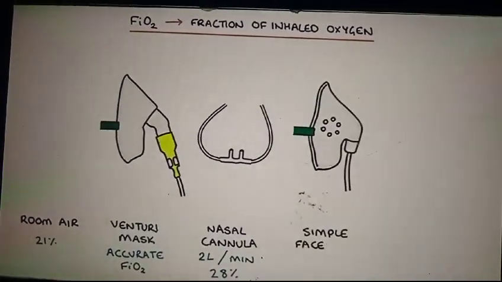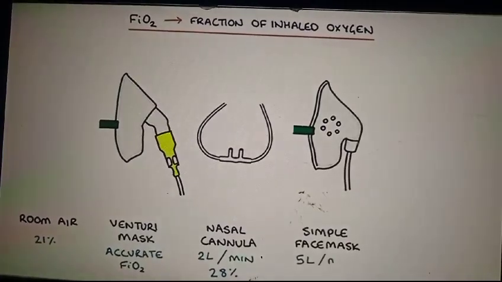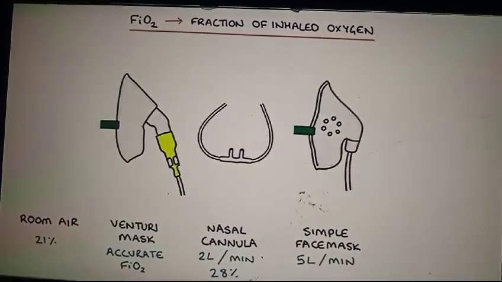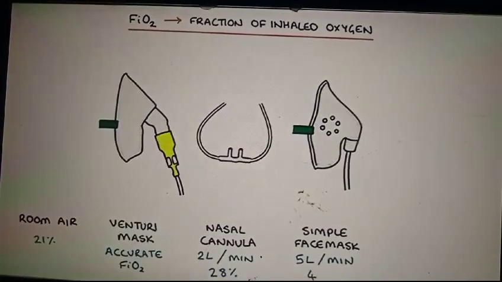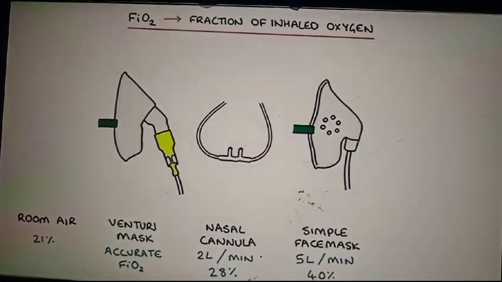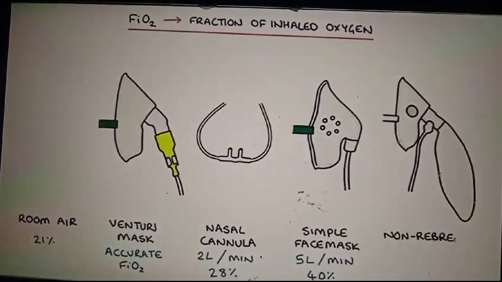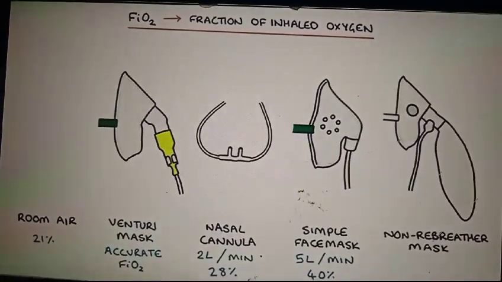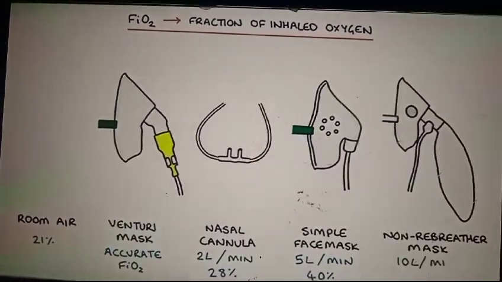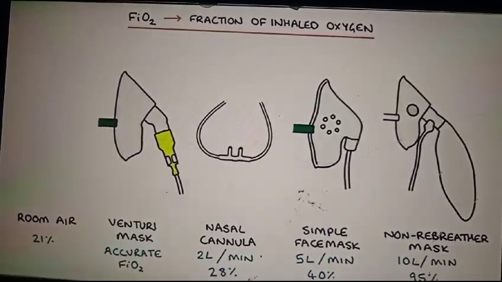A simple face mask with a 5 liter per minute oxygen flow rate gives an approximate FiO2 of 40%. And a face mask with a reservoir, or a non-rebreather mask, with an oxygen flow rate of 10 liters per minute gives an approximate FiO2 of 95%.